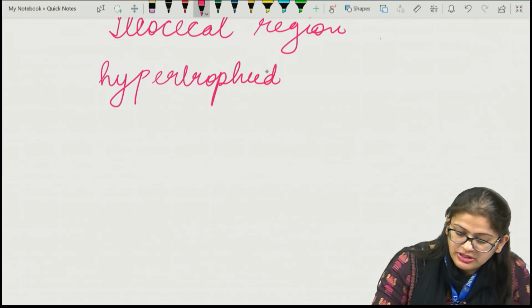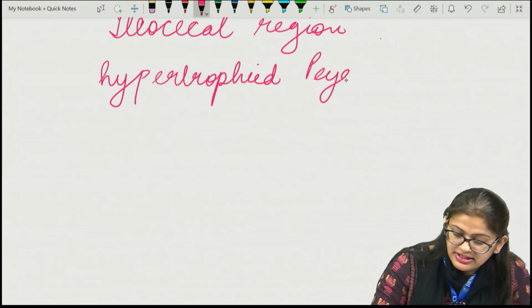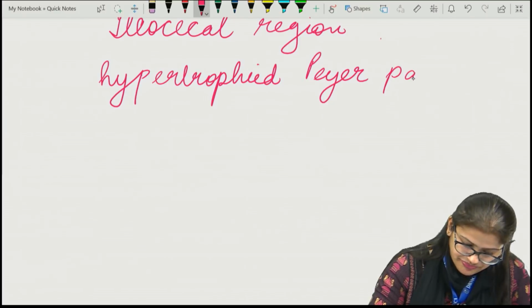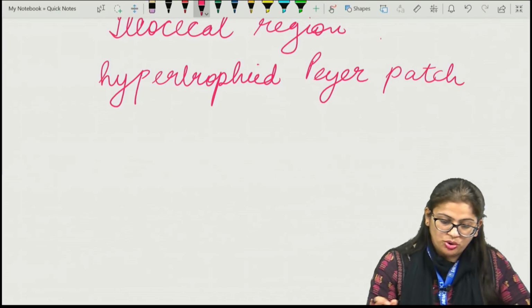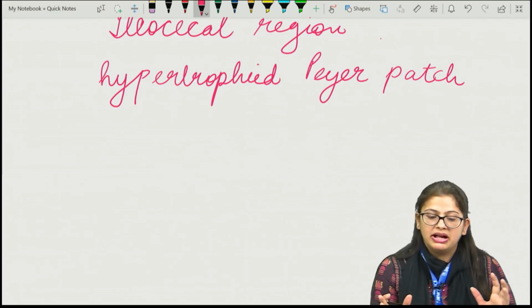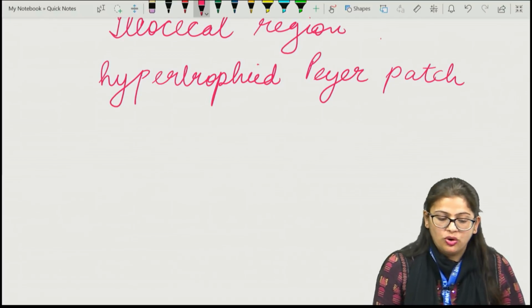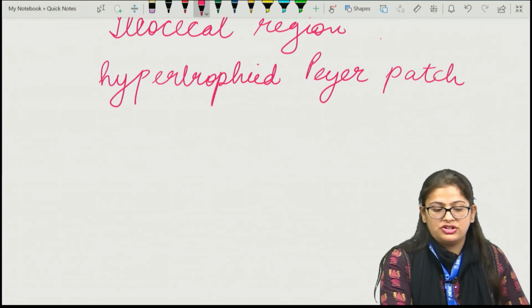This hypertrophy may have resulted from a change in the bacterial flora during weaning or during gastrointestinal infections.